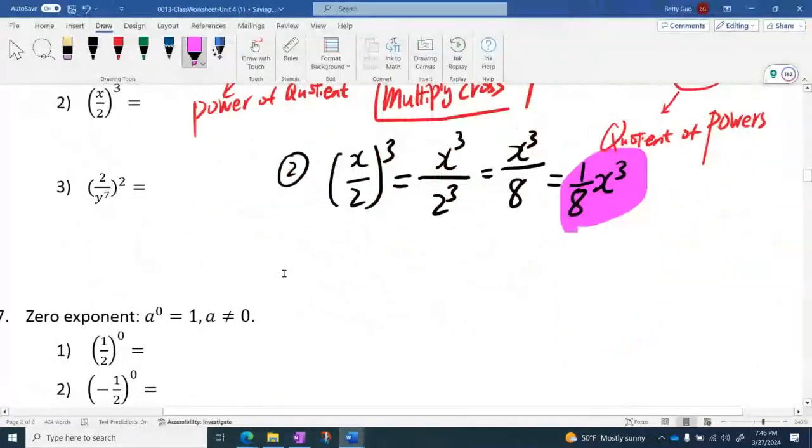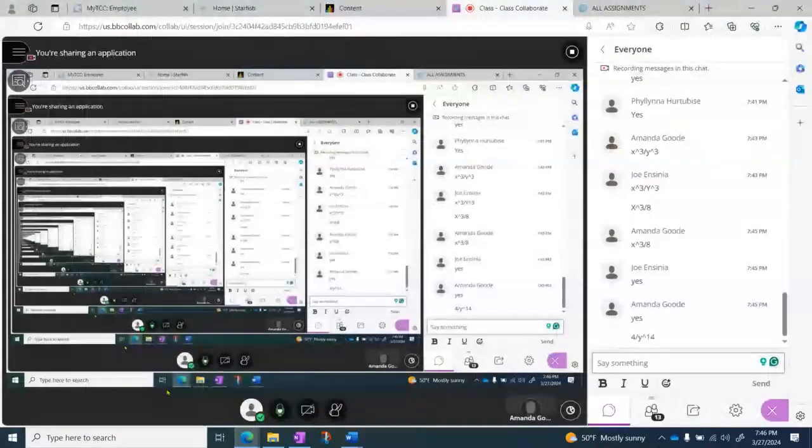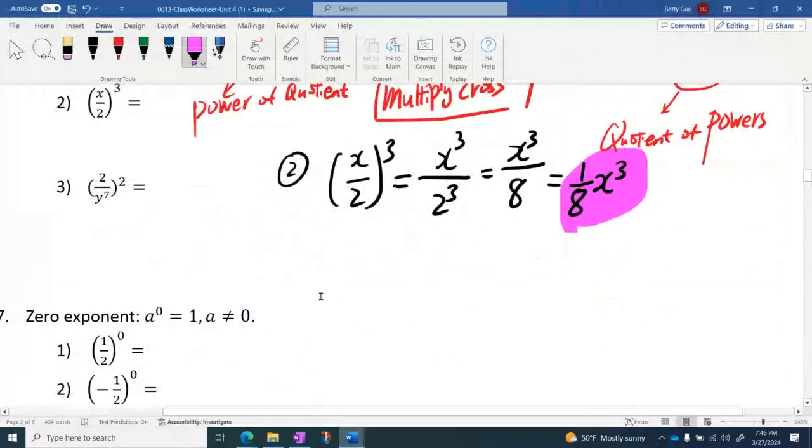Try number 3. Perfect. Thank you, Amanda. Exactly. Number 3 is a power of quotient as well.